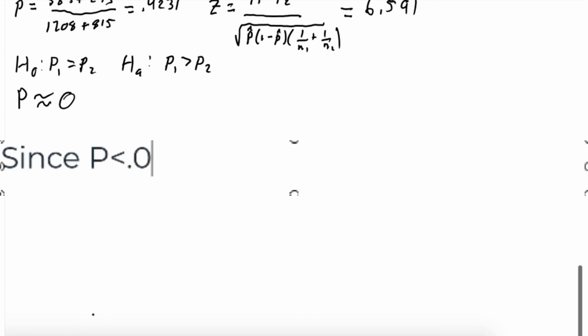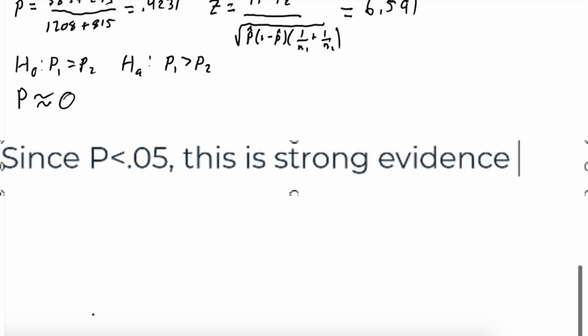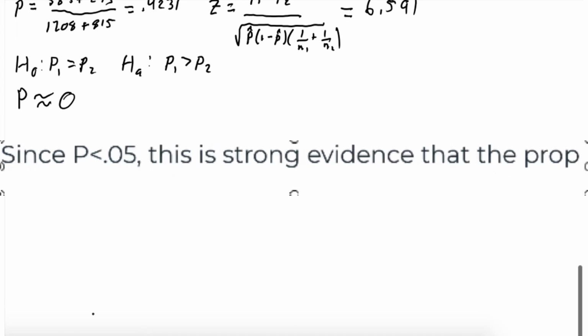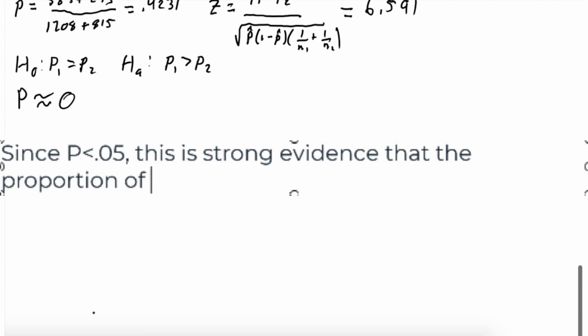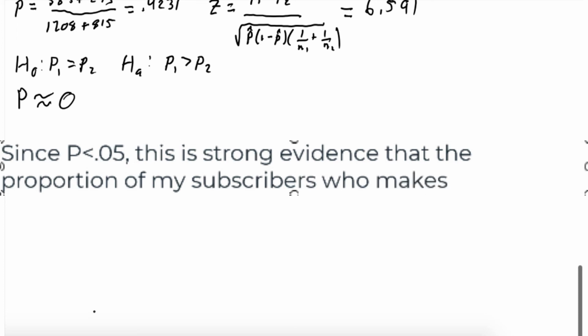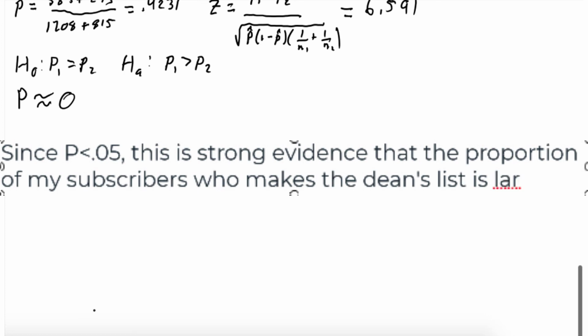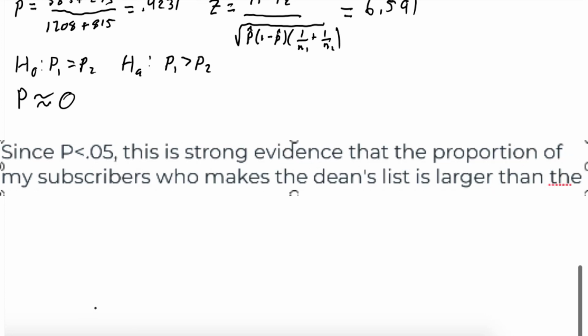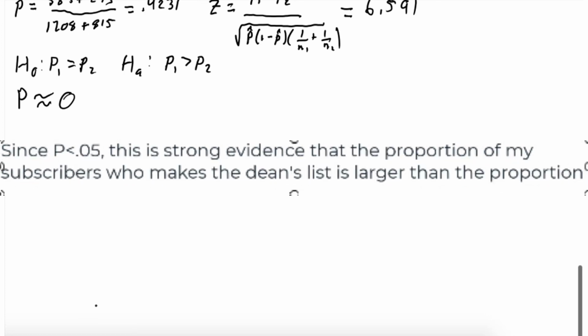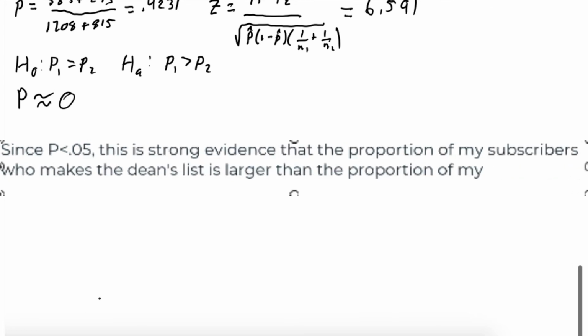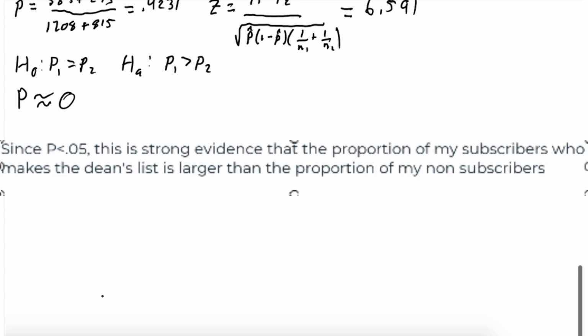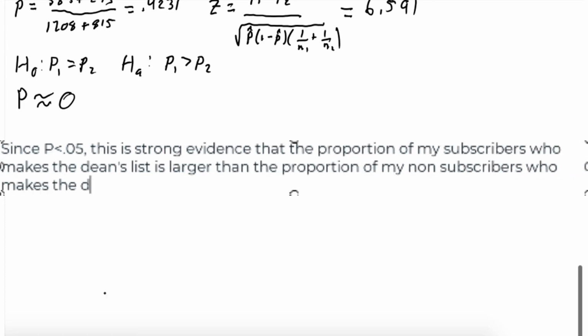So since our p-value is less than 0.05, this is very strong evidence that the proportion of my subscribers who make the Dean's List is larger than the proportion of my non-subscribers who make the Dean's List.